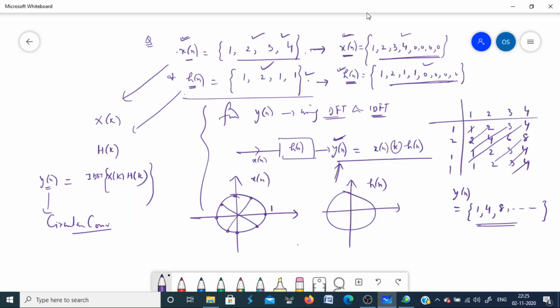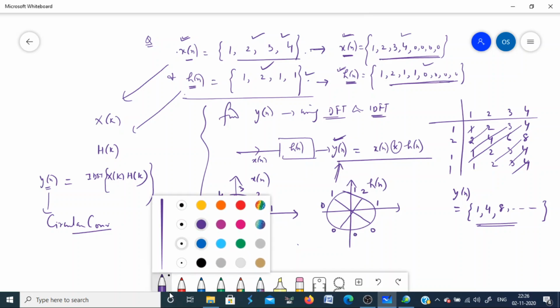So it is 1, 2, 3, 4, and the rest 4 points are zeros. Similarly, h of n is 1, 2, 1, 1, 0, 0, 0, and 0.